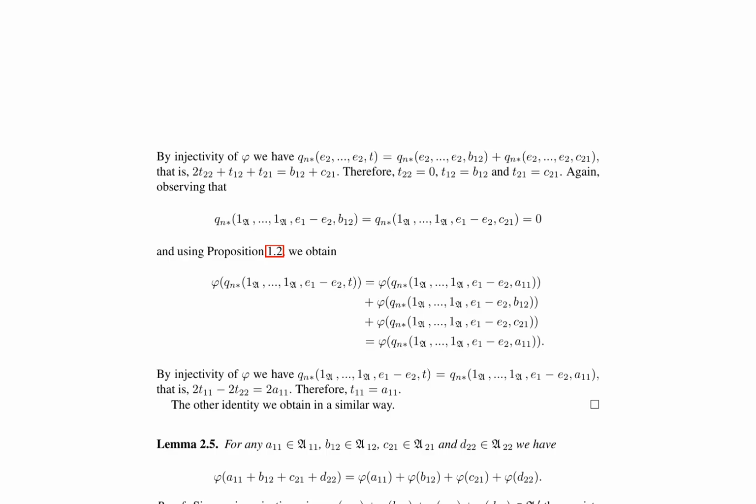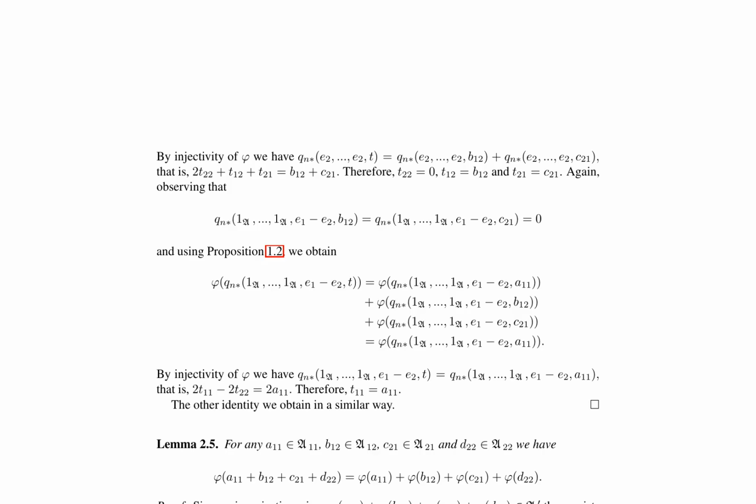Next, we observe that Qn * operator (1a, E1 E2, B12) equals Qn * operator (1a, E1 E2, C21) equals 0, and using proposition 1.2, we obtain phi(Qn * operator (1a, E1 E2, T)) equals phi(Qn * operator (1a, E1 E2, A11)).